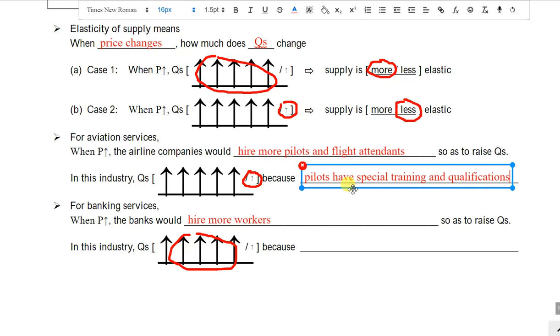That's why it is more difficult to hire more pilots, and the QS just increases a little bit. Compared to the banking services, the workers may have less special training and qualifications. And that's why the supply for banking services would be much more elastic.